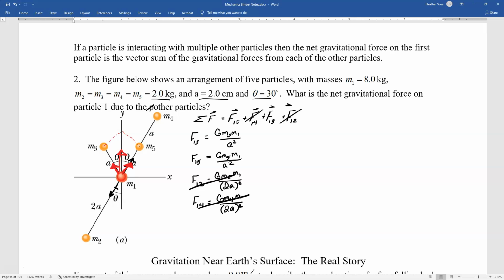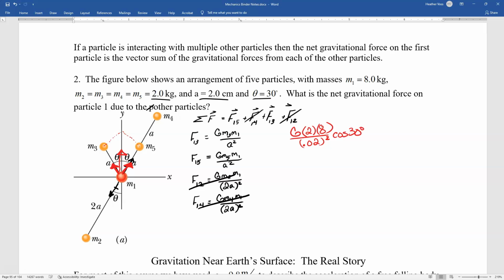So what we're going to get for 1, 3, we're going to get G. The first mass is 2, second mass is 8, over 2 centimeters, so that's 0.02. We're going to be squaring that. We are only concerned with the vertical piece here, which is going to be cosine of that 30 degrees.